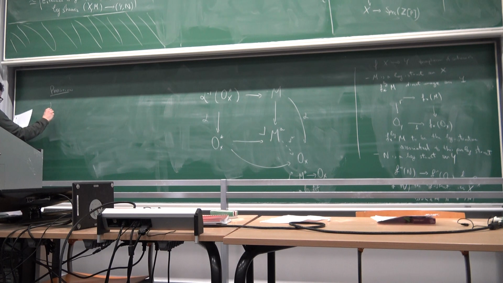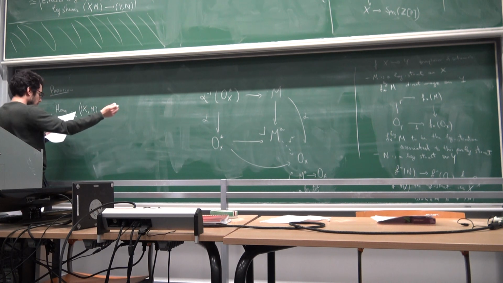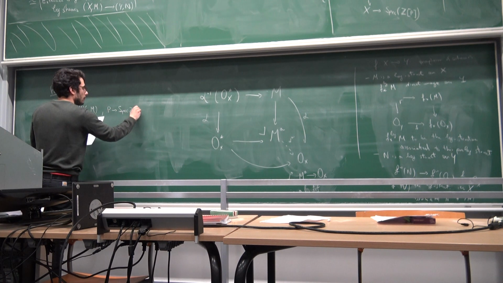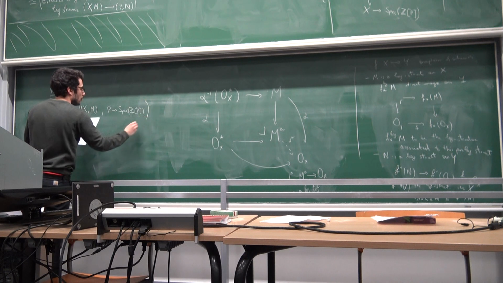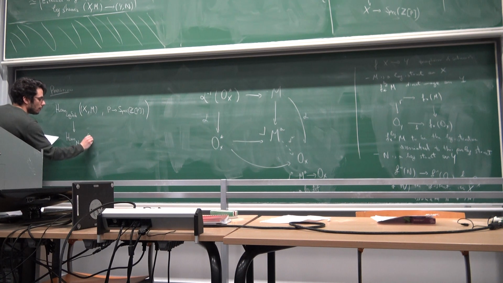Now to further expand on this, we have the following. We can consider the set of morphisms of log schemes from X with M, which is just a log scheme, onto the log scheme for some monoid P. And we have a natural map from this into the morphisms of monoids from P onto the global sections.